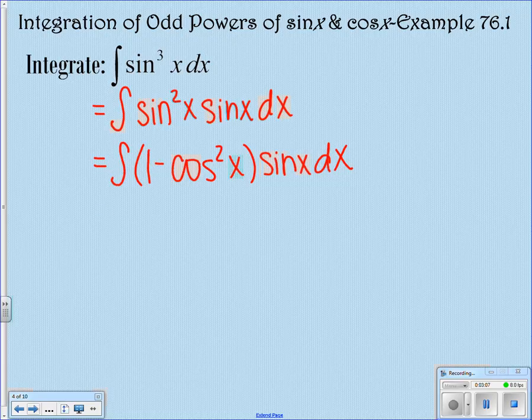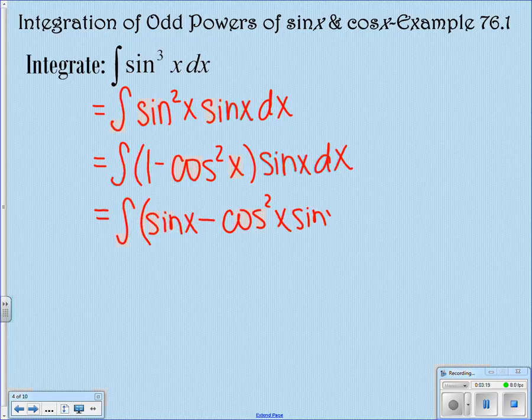And so now, if I distribute that sine dx, I'm going to have sine x minus cosine squared x sine x all times dx. And so now we can actually integrate each part separately.